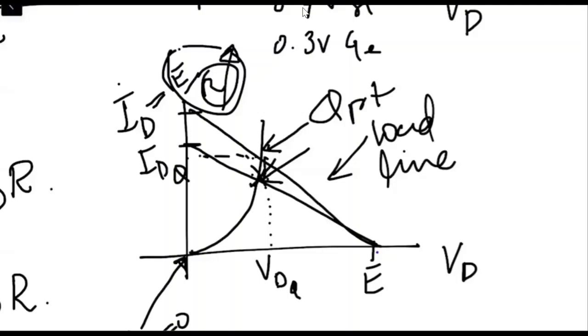So this means the point of operation will change, the behavior of the diode will change, and the total outcome of the circuit will be different as compared to the previous case. So the load line plays a very important role in the point of operation of the diode.